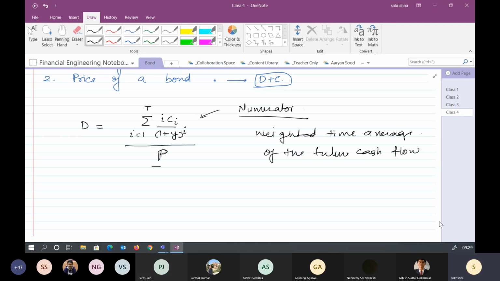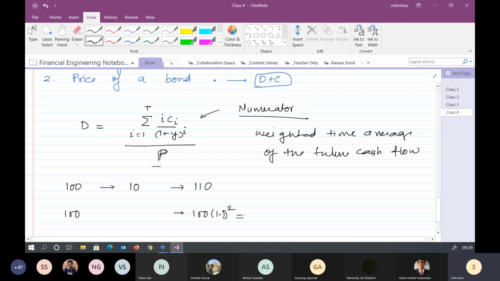10% return bond. If price is 100, one bond is paying you 10 and then 110. Okay, sir. And another bond is not paying any intermediate payment, but rather it is paying you at the end of the year 2.